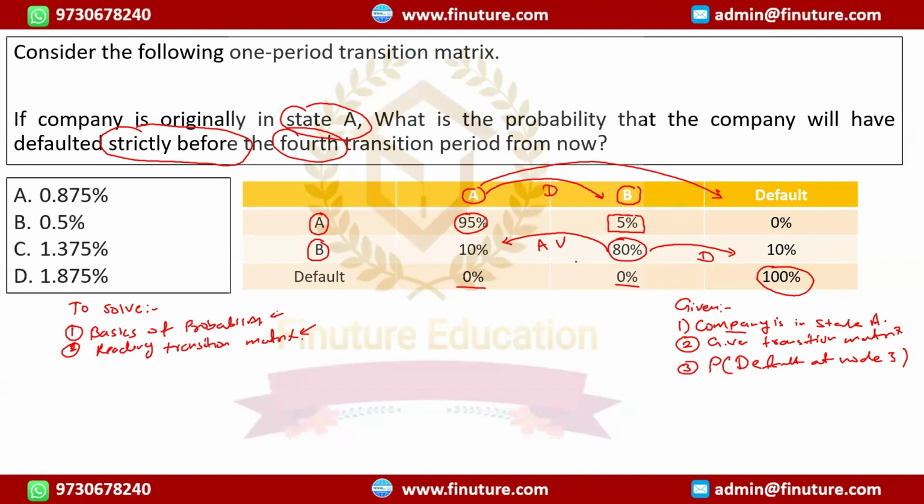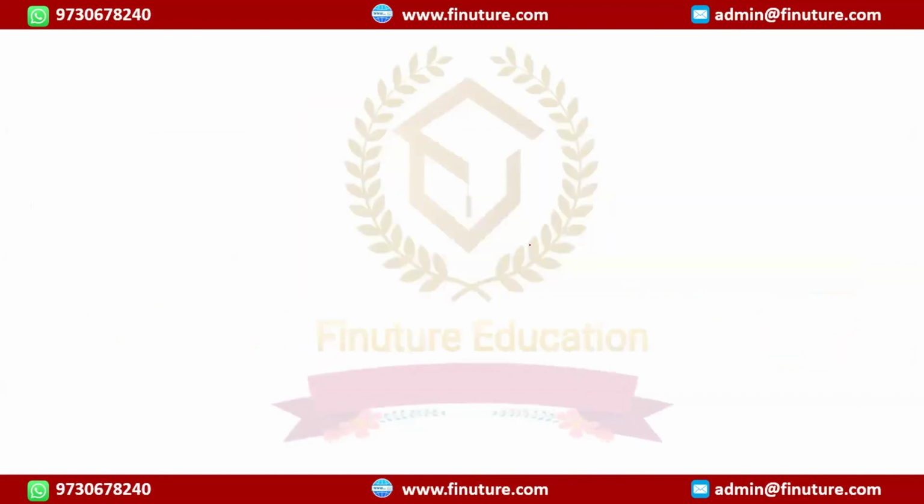Now coming back to our question, what we are given is at t equal to 0, company is in state A. Now what you are asked to calculate is what is the chance that it will default strictly before fourth transition. That means at third transition, let's for sake of understanding say at third year it defaults. That's something we are interested in.